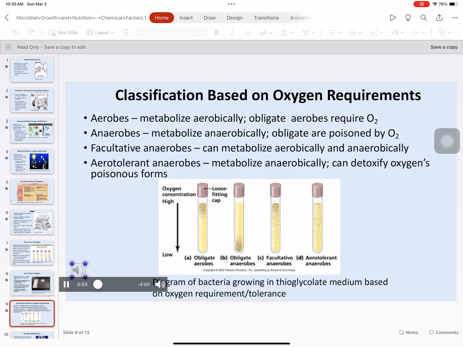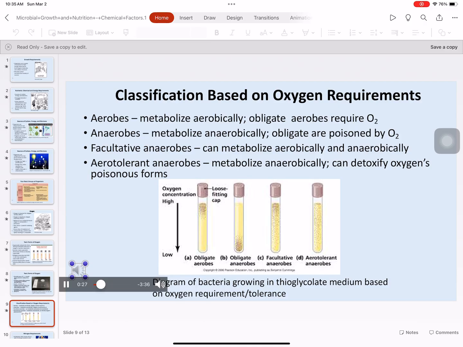Just like we have classified organisms based on temperature preference, on pH requirements, on where they get their carbon and their energy, we can also classify organisms based on their oxygen requirements.